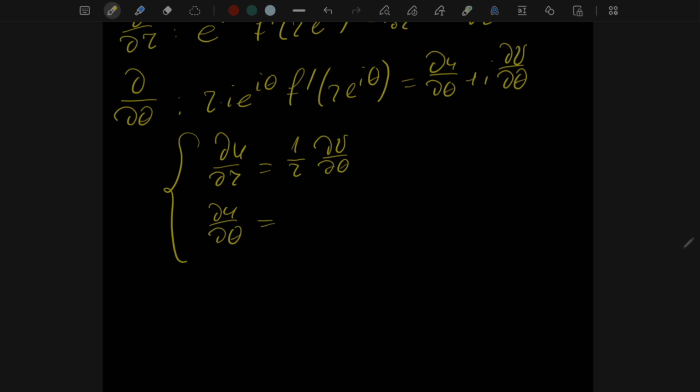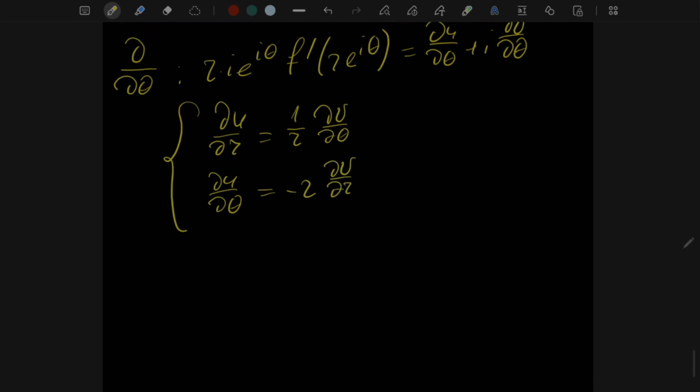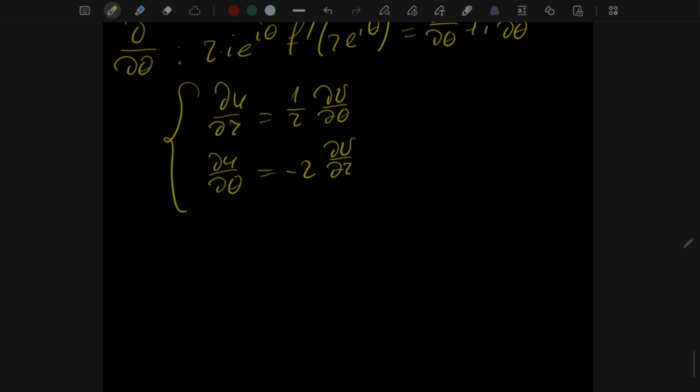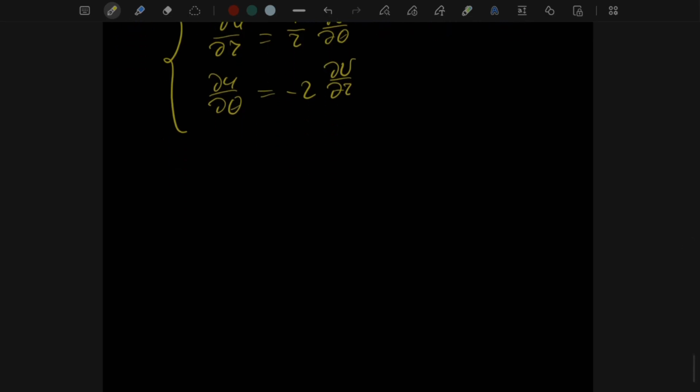And du by d theta is equal to negative r dv by dr. So you can see that the derivatives by theta are divided by r, or the other way around, whatever.